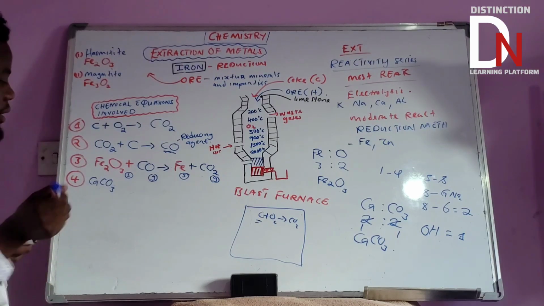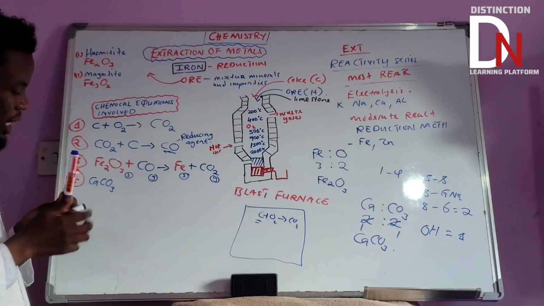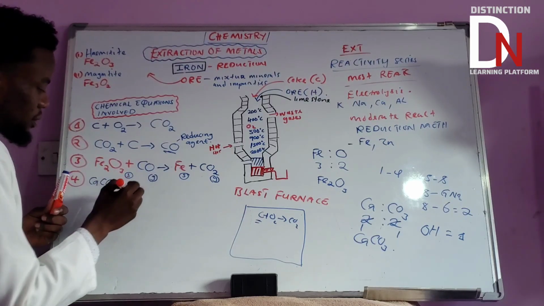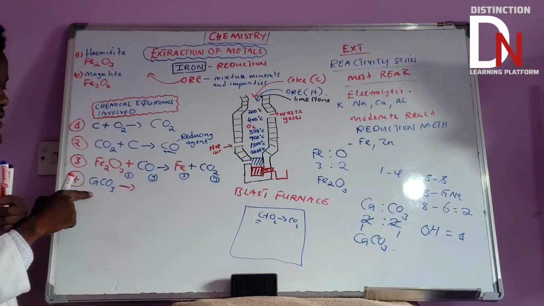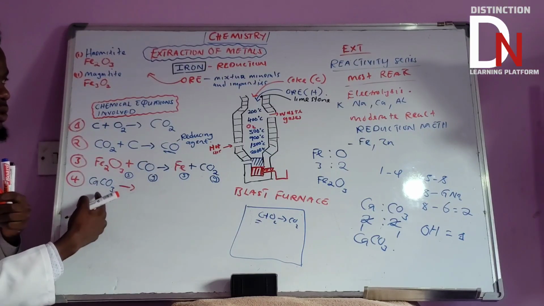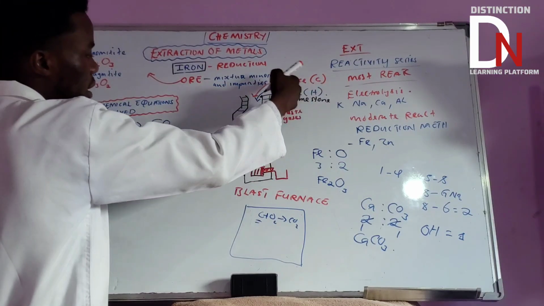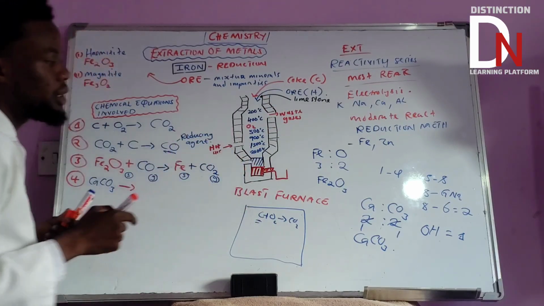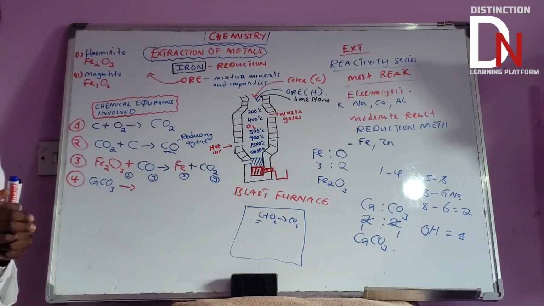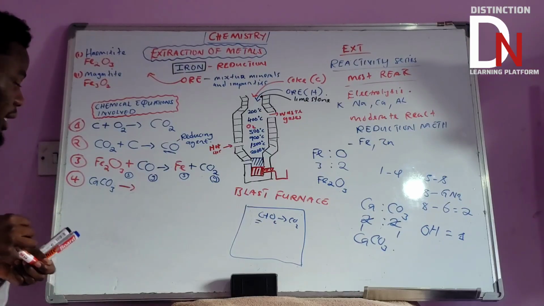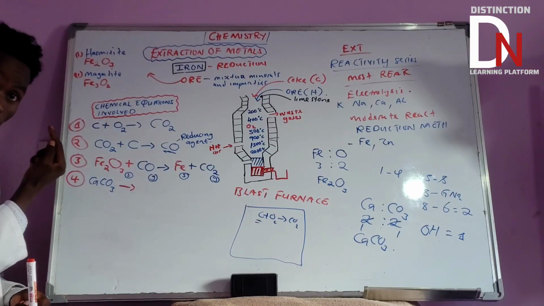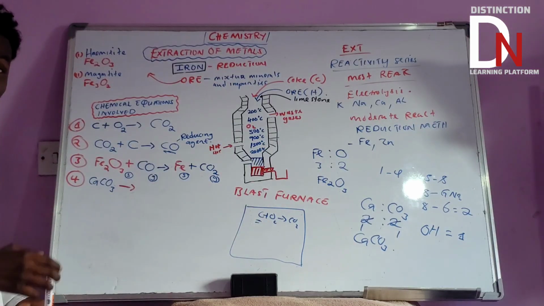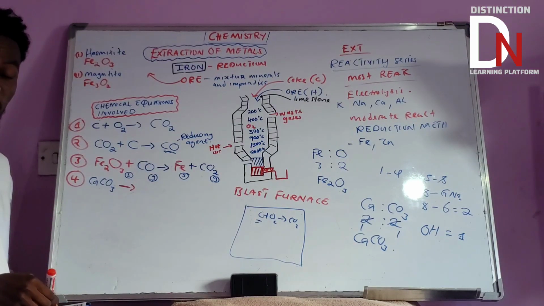Then something important is going to happen to this calcium carbonate. It is not going to react with anything because it's alone. But the moment it enters here, remember that hot air is going in. Inside this blast furnace it is very hot, making sure that this calcium carbonate breaks into two important compounds.